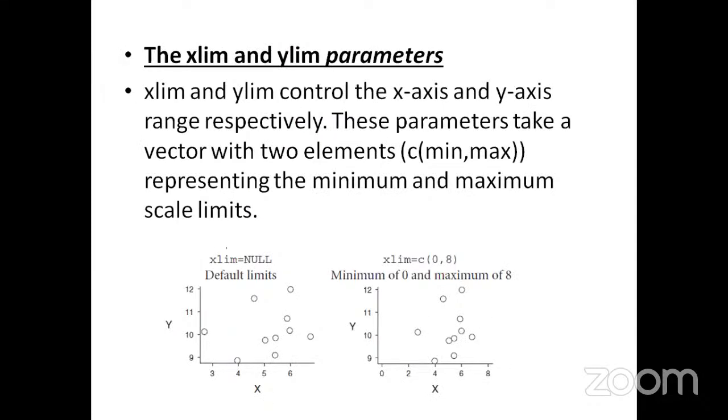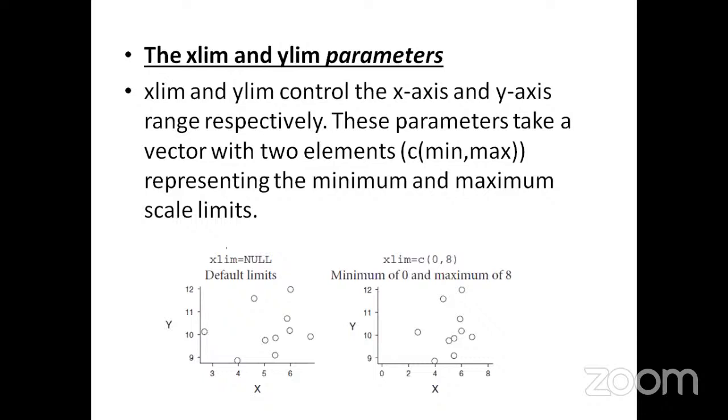This is very important. xlim is a limitation function. xlim or ylim control the x-axis and y-axis range. Range means, suppose x is 1 to 10, so the range you are defining is that. The parameter takes a vector with two elements, that is c of minimum and maximum, for x and y.